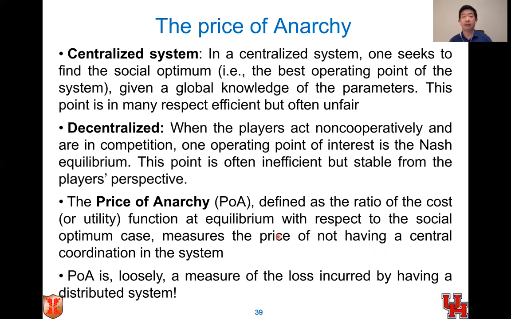So when we have a centralized solution, that means there's a God who knows everything. In this case, you will have a centralized constrained optimization solution. But with a distributed solution, you will have another solution. The ratio between the distributed solution over the centralized solution is called the price of anarchy.